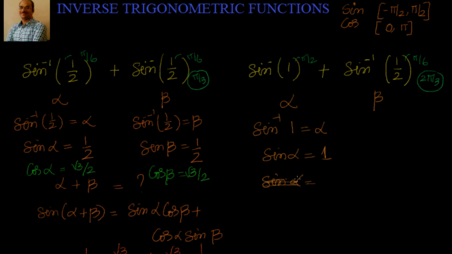So I can find cos alpha based on that. Cos alpha equals 0. Similarly, I have here sine beta equals 1 by 2. That gives me, if I take sine inverse of 1 by 2 as beta, sine beta equals 1 by 2, and based on that I can find cos beta equals root 3 by 2.